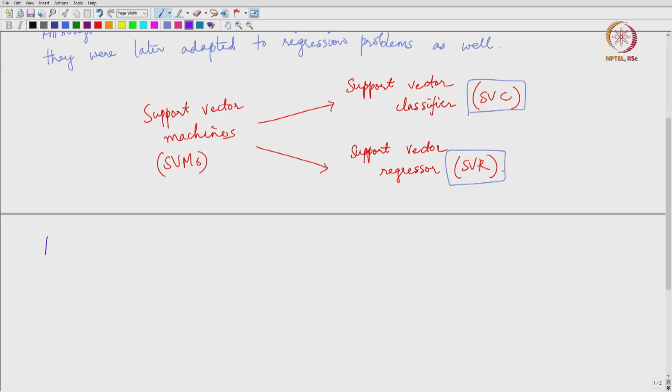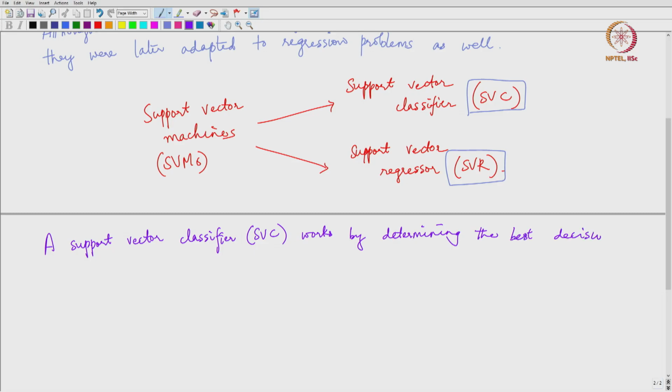A support vector classifier, SVC, works by determining the best decision boundary.